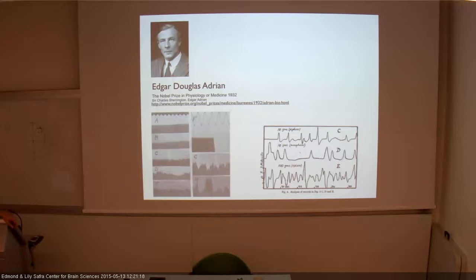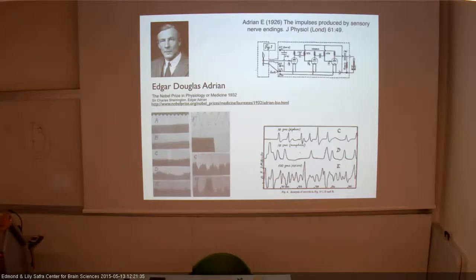I told you already in the class on electrophysiology, in the last lecture on these pictures of the oscilloscopes, that there will be another version. So this is a version of Adrian from 1926.